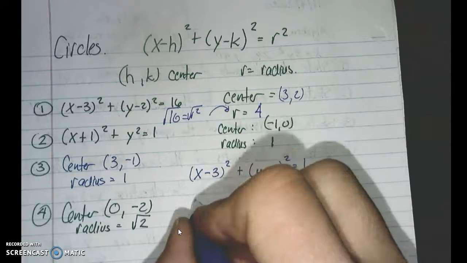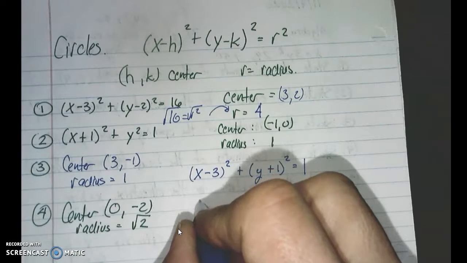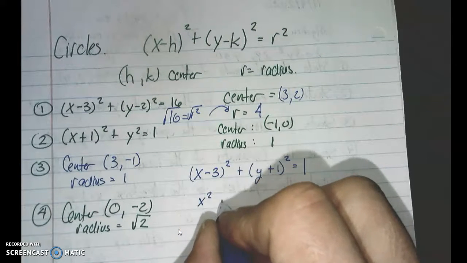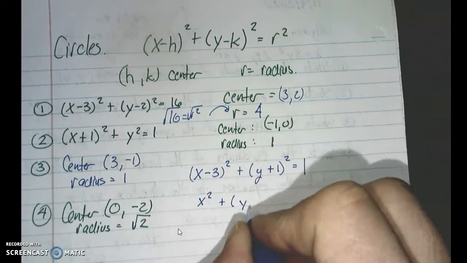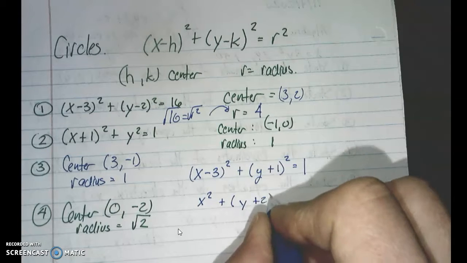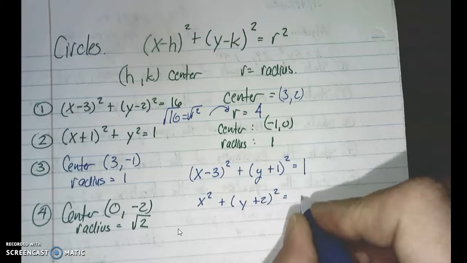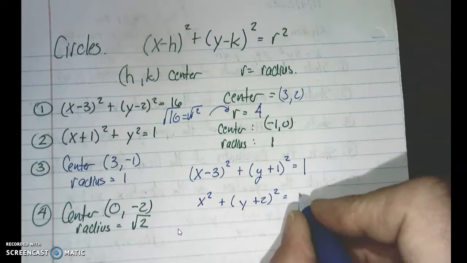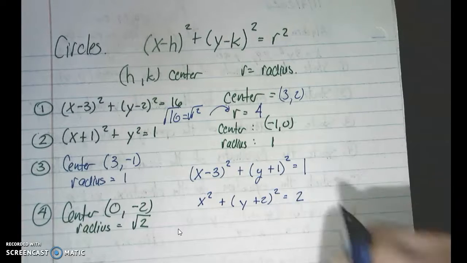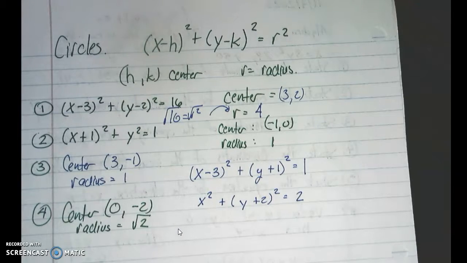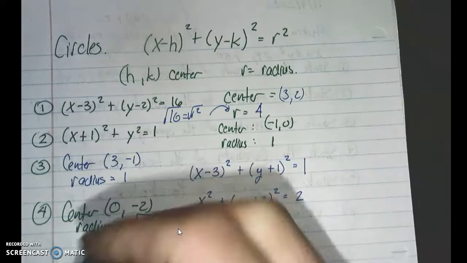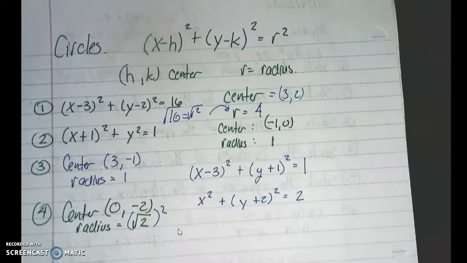So what should I write here? x squared plus (y plus 2) squared equals 2. Good job, because the square root of 2 squared is 2. So when I square this, it cancels out the square root, and then therefore I just have a 2.